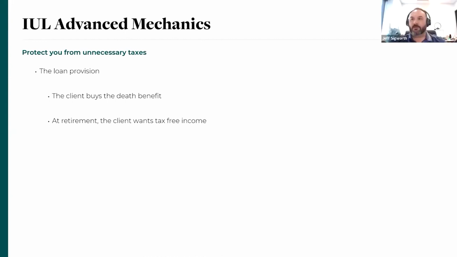That is 100% right. In every situation, unless the death benefit and the cash value are the same, the beneficiary gets the death benefit. At no point does a beneficiary ever get the cash value.